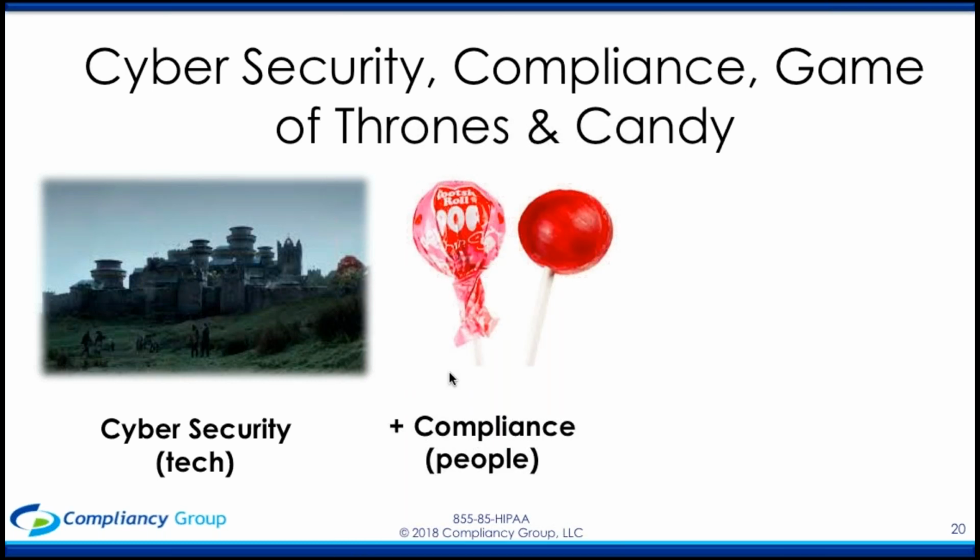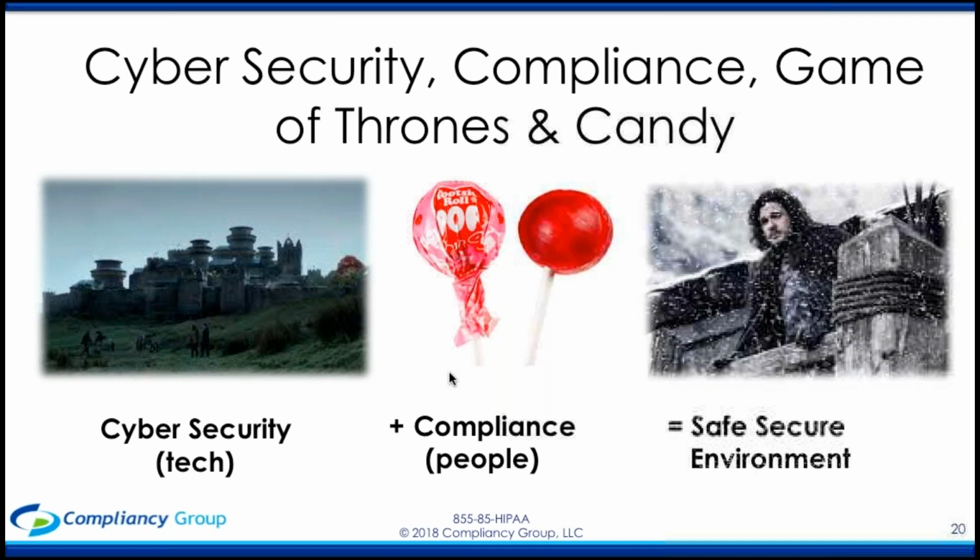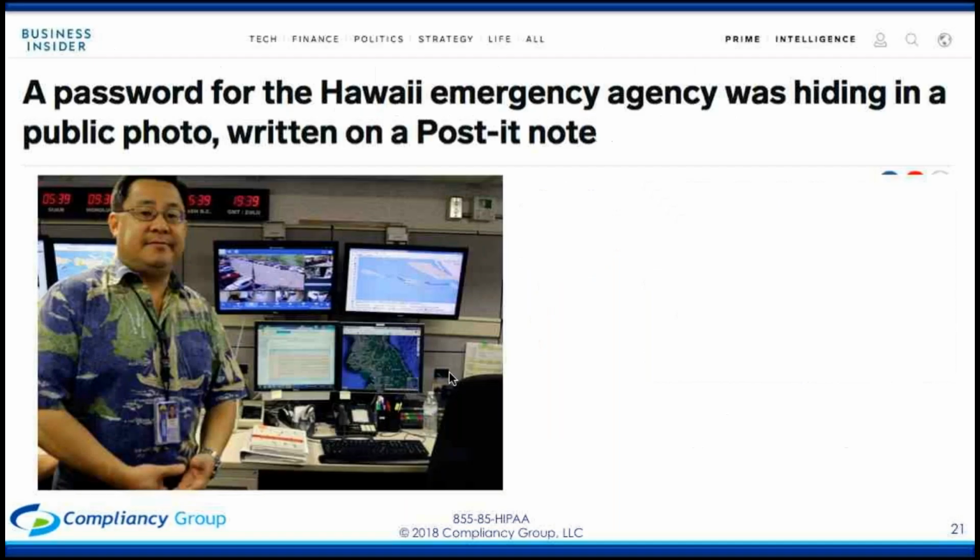But the problem is you have the soft gooey inside of, let's say, a Tootsie Pop, which is about compliance, which is about teaching people what they should and should not do. As we said, 76% of the time, it was an issue that had nothing to do with technology. So what that's telling you, and for those of you who have seen Game of Thrones, Jon Snow, ultimately bad things happened to him inside his castle. So what we're trying to help you to do is you must do the external things, you must do the internal compliance and people part to truly have a safe and secure environment.